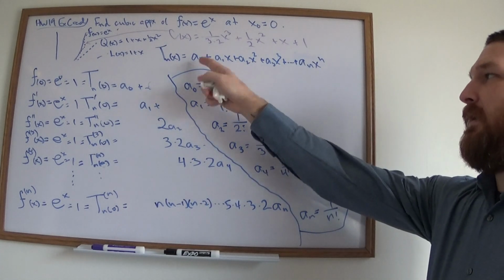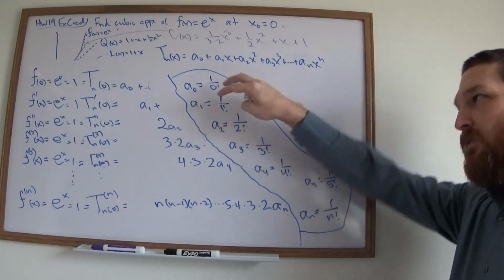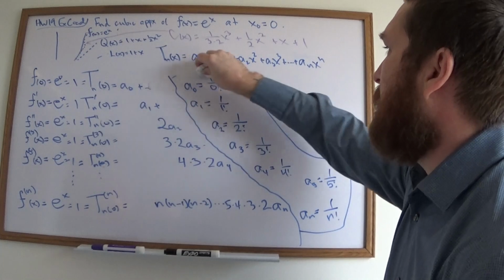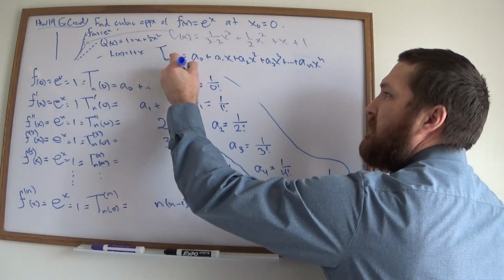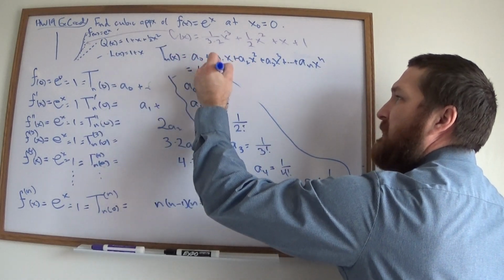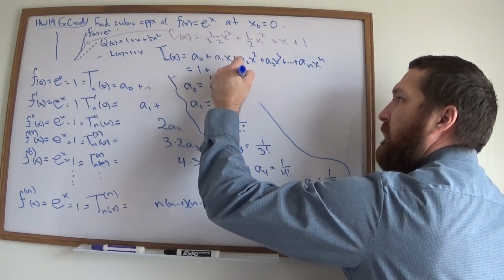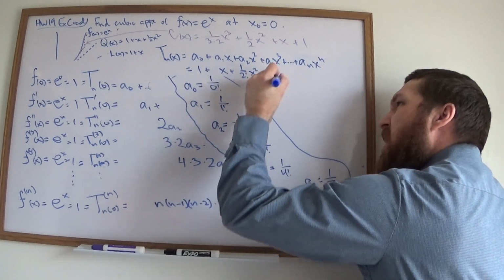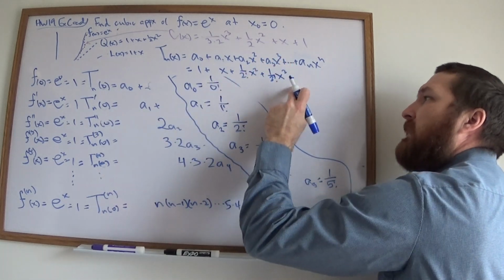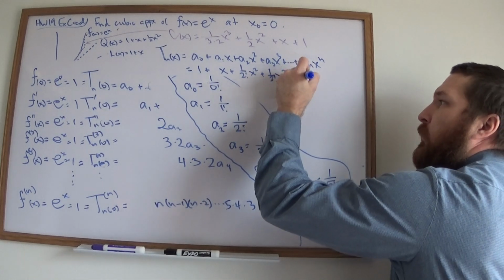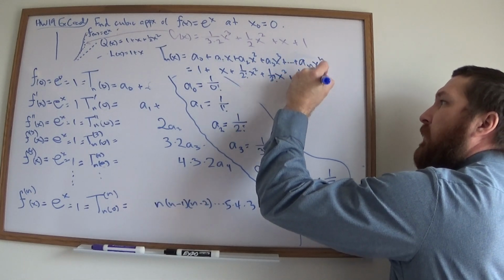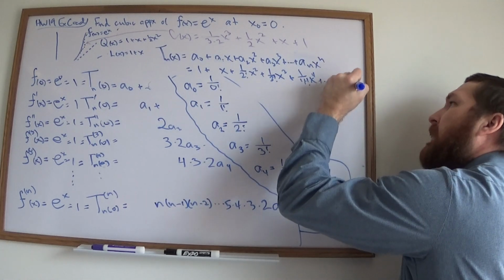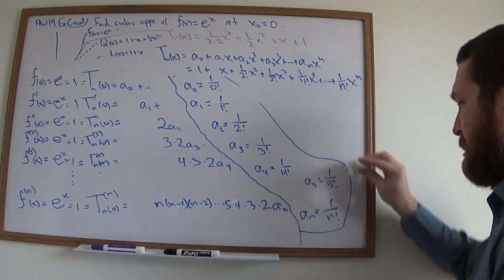Although this is good, I'm just going to write them as ones. And so we get 1, plus 1 times x, plus 1 over 2 x squared, plus 1 over 3 x cubed, and we could keep going, 1 over 4 x to the 4th, all the way up to 1 over n x to the n.